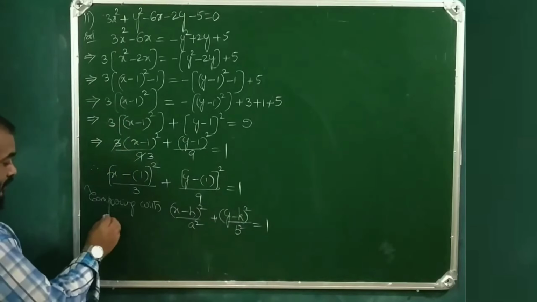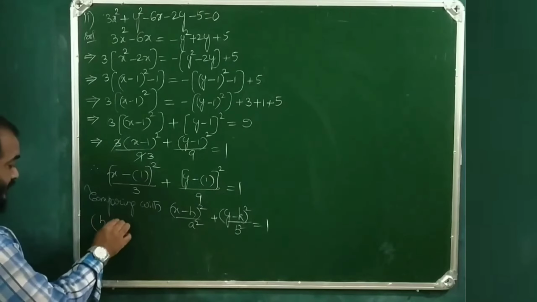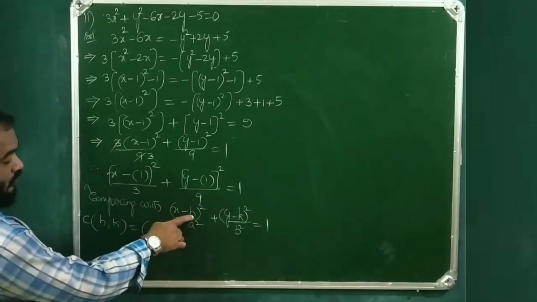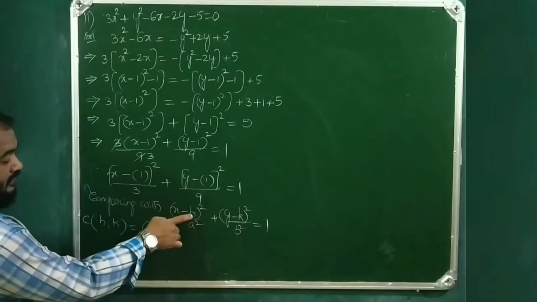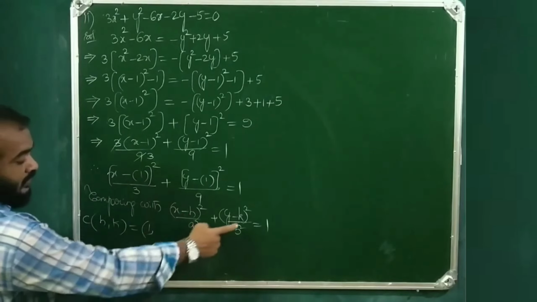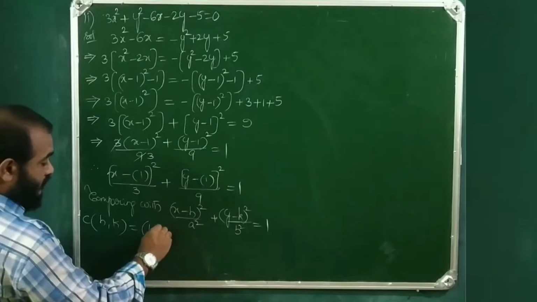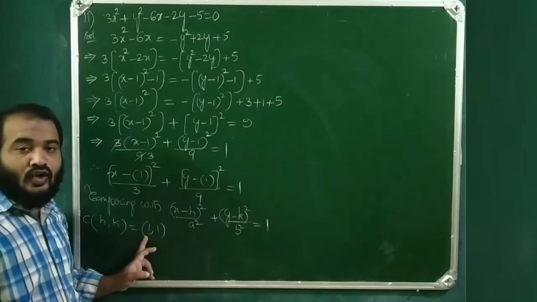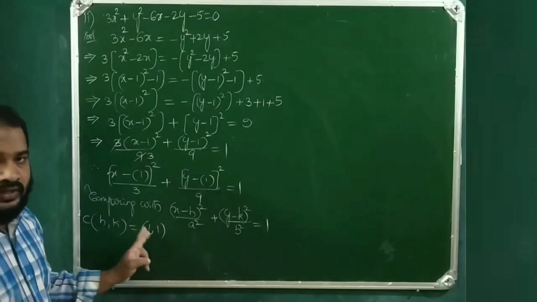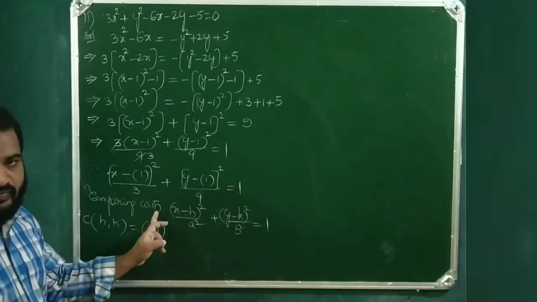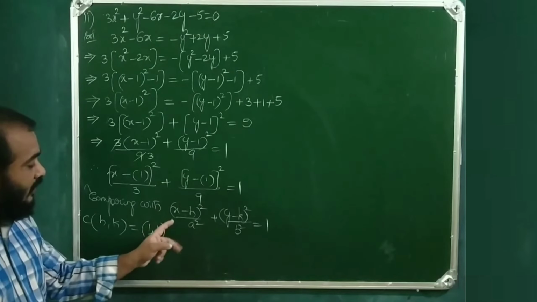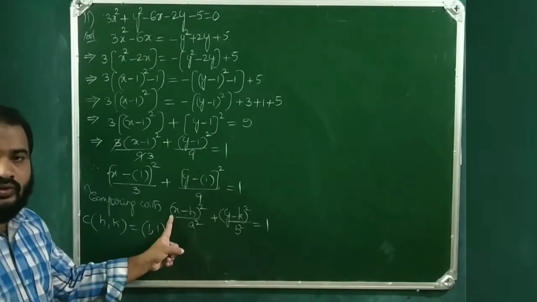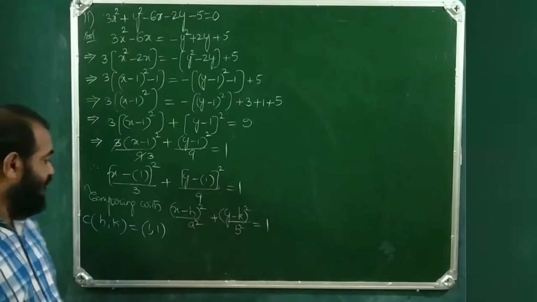We get h comma k, which is the center C. In the place of h you see 1, in the place of k you see 1, so 1 comma 1 is the center. Since the center is other than the origin, this is not a standard form of the ellipse. Its center is shifted to other than the origin.